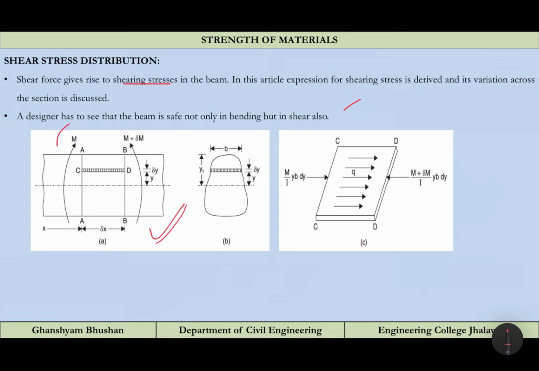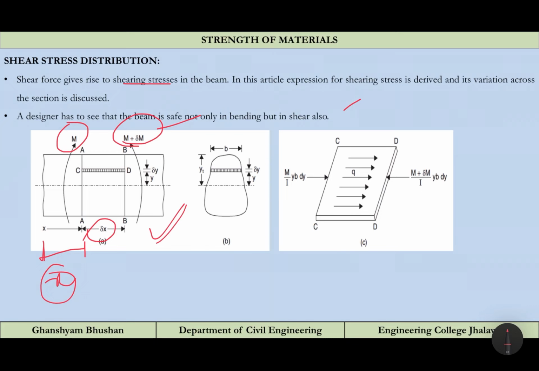Let us suppose the bending moment developed due to the external applied load is M at a section at distance X from any particular point, and for a small incremental distance del x, we are assuming the bending moment is increasing with the distance. The distance is very small, so the increment is M plus del M. We are taking this as positive.